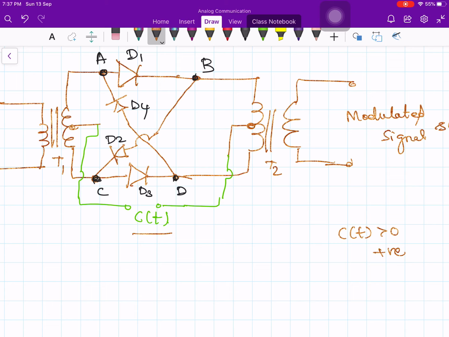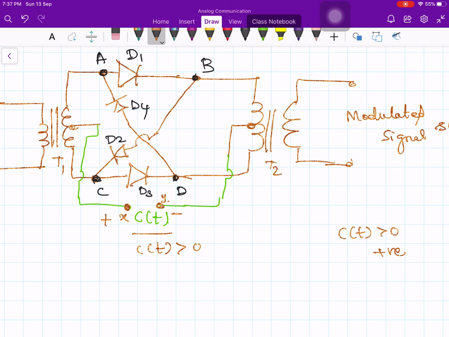If c of t is positive, two of these diodes conduct and two of them are reverse biased. For example, during the positive half cycle, let's say this point I denote x, and this point I denote y. So x is positive and y is negative.